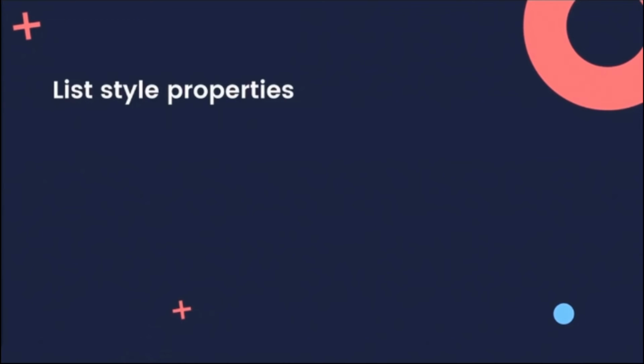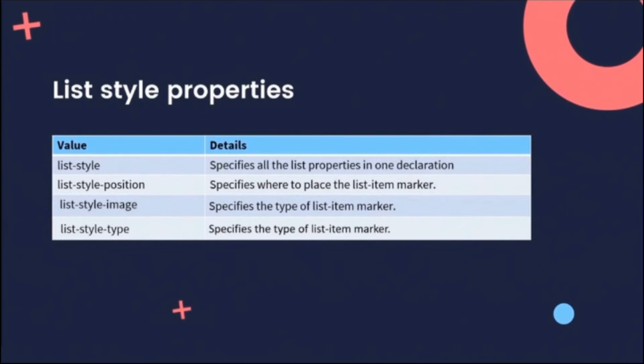So let's have a look at some of the list style properties that we can use when it comes to styling our navigation bar or just a list. The first one we have is the list style property, and this is essentially the shorthand for manipulating all the properties associated with styling a list. This includes the position, the type, the image, and all of those things. You don't always use the shorthand unless you want to condense your code.